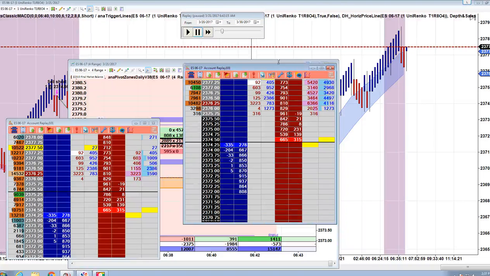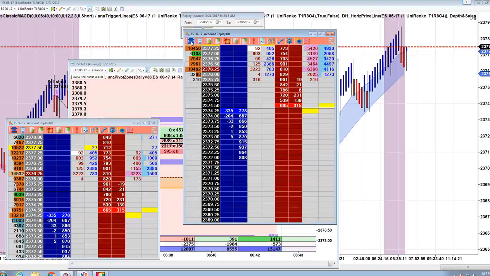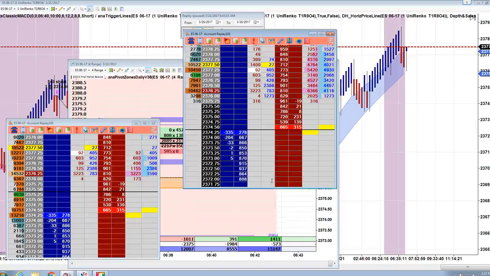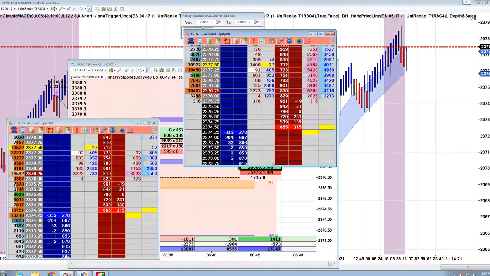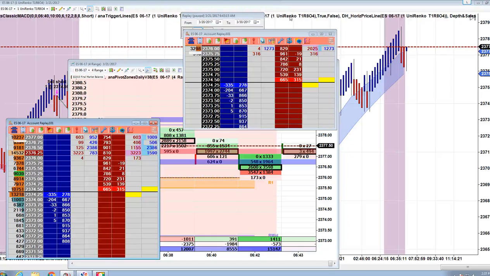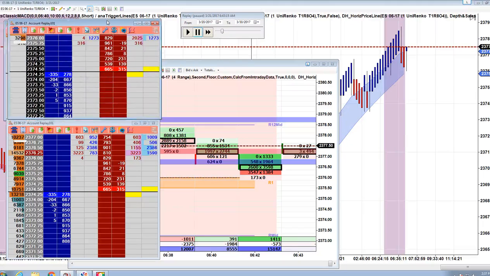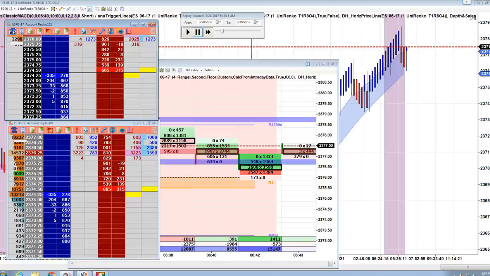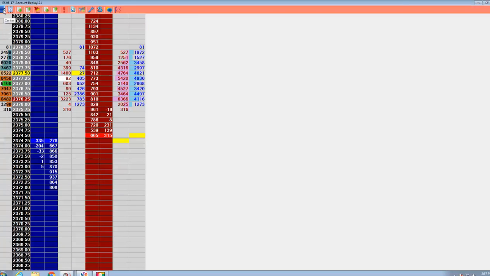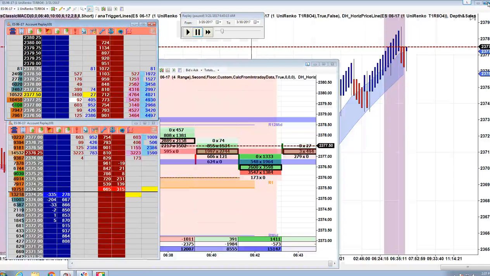Sometimes on replay you don't get as much functionality on some of these applications that you would like. Okay, that brings it down.